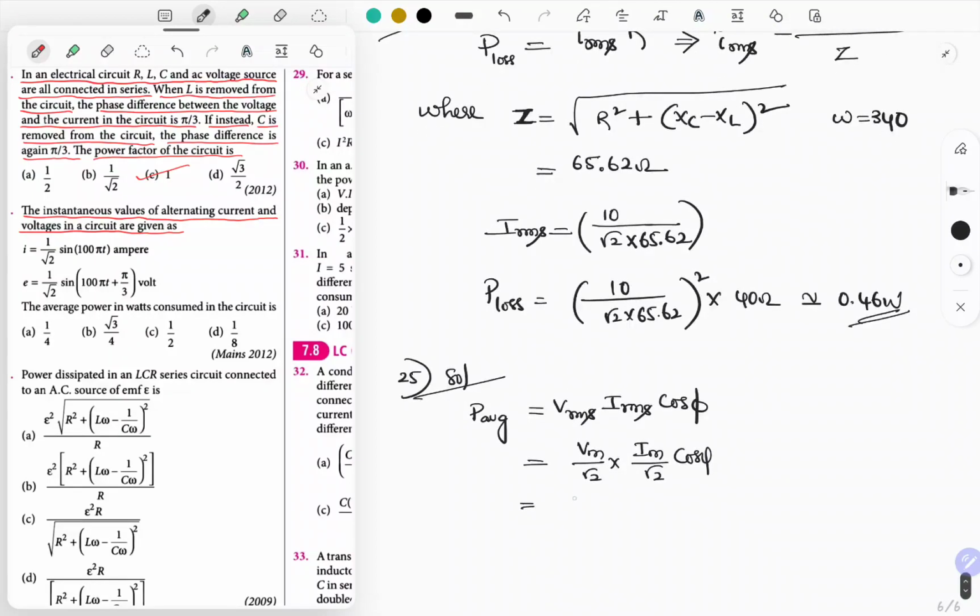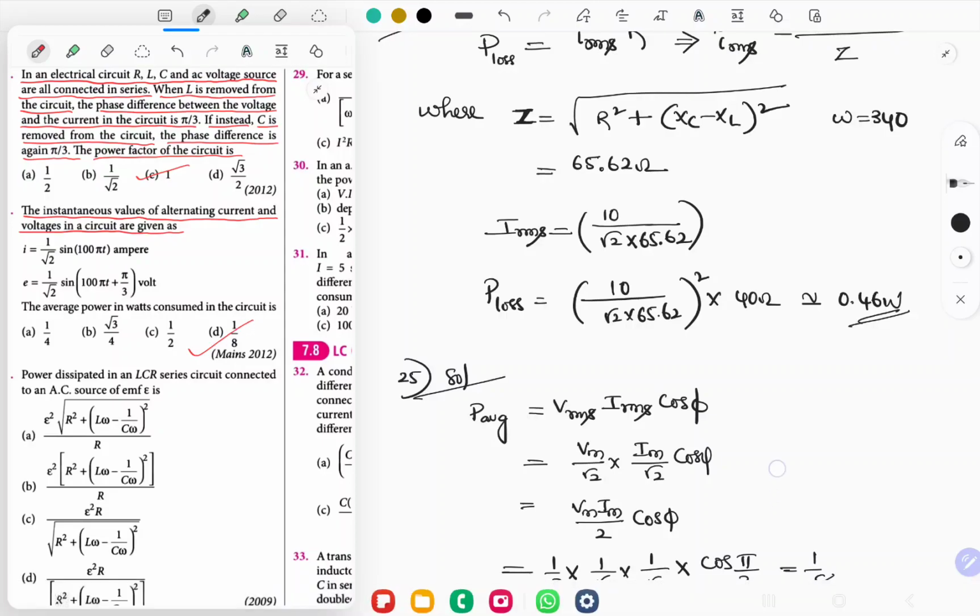It means you can write it as Vm into Im by 2 into cos phi. So let's substitute them. 1 by 2 into Vm is 1 by root 2, Im is 1 by root 2, and the phase difference between them is pi by 3, so cos pi by 3. Cos pi by 3 is 1 by 2, so 1 by 2 into 1 by root 2 into 1 by root 2, 1 by 2 again. The answer is going to be 1 by 8. Option D is the suitable answer.